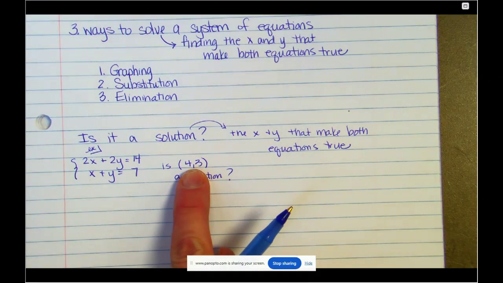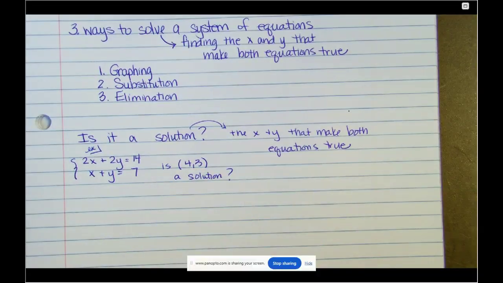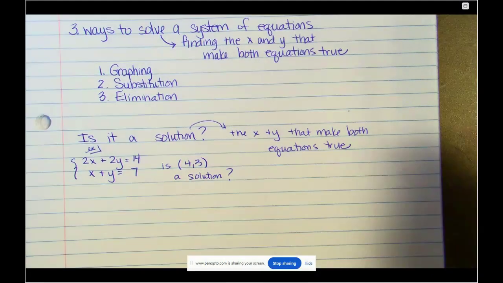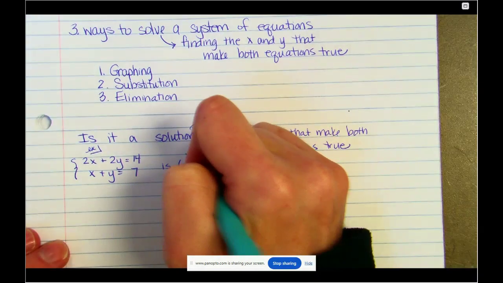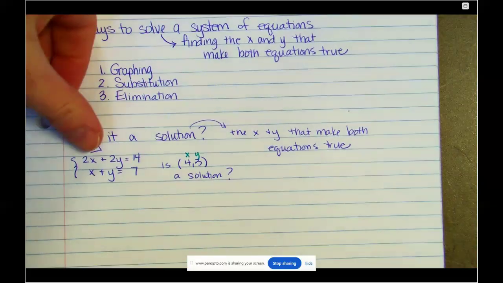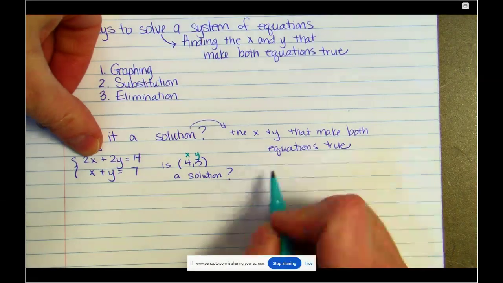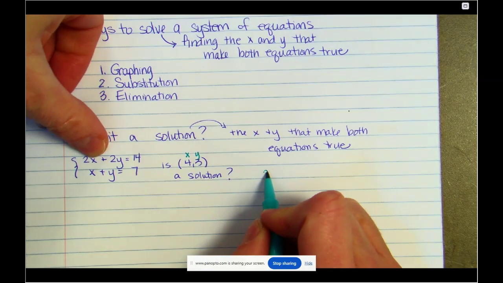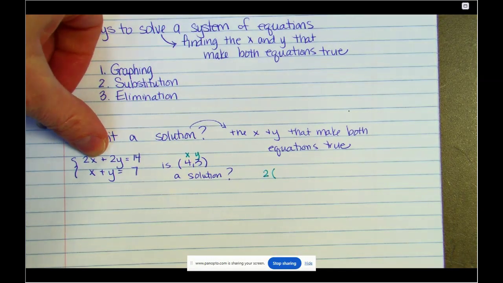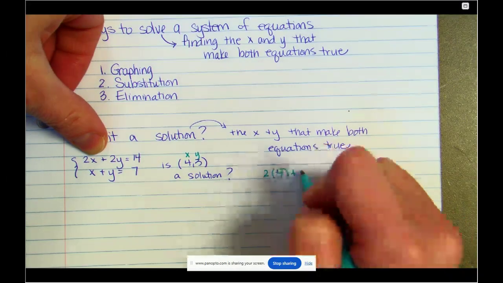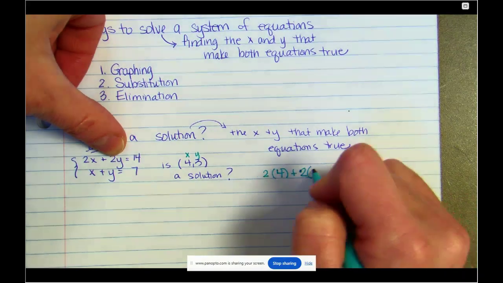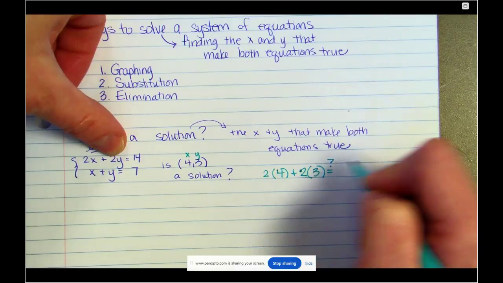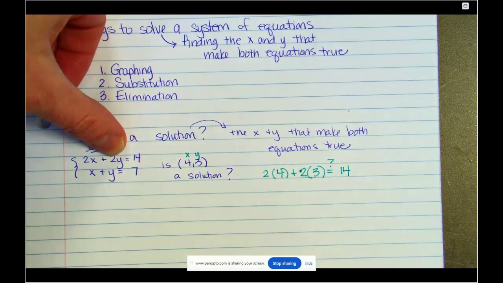So we know that 4 is what, x or y? X. This is x. What is 3? So literally all we're going to do is come over here and say, with this top one, 2, what does x think it might be? 4. Plus, there's a 2, and then y is 3. And we want to know, question mark, does that equal 14?